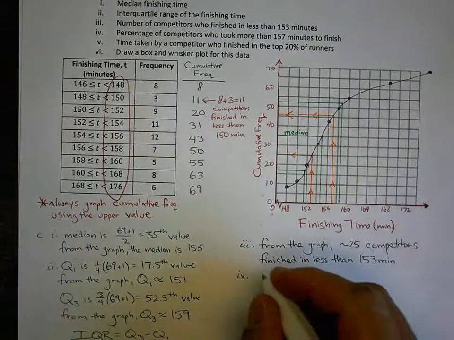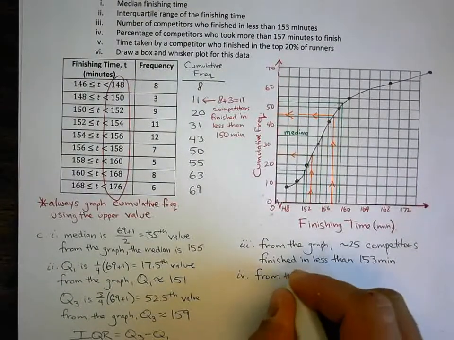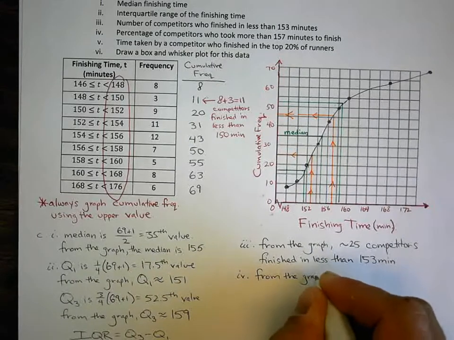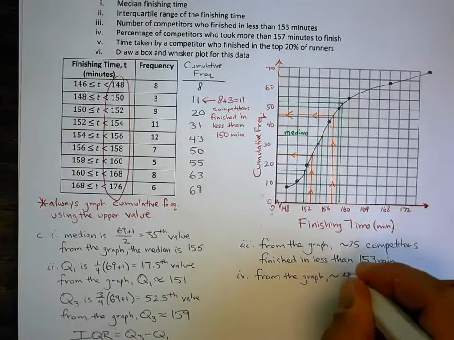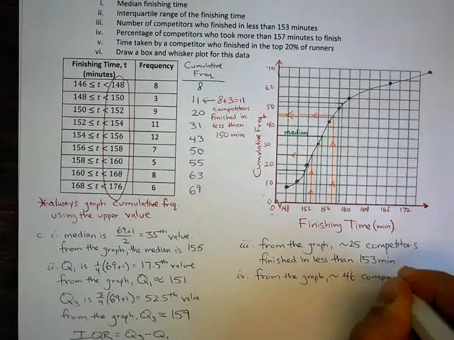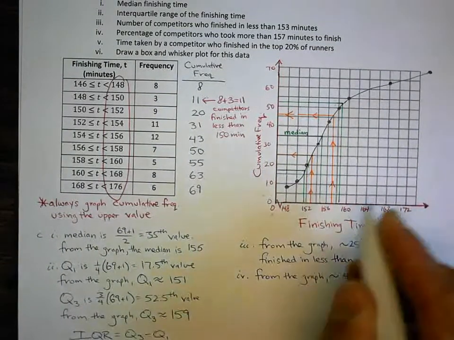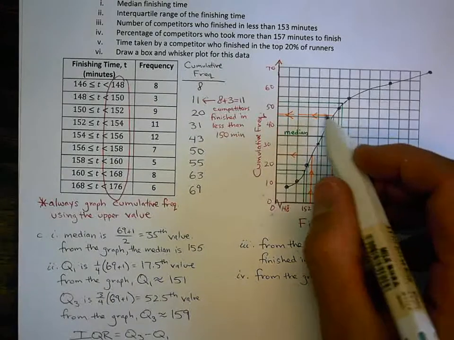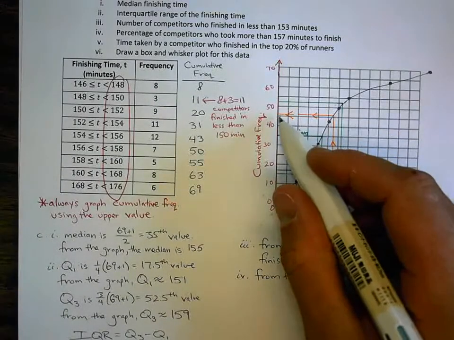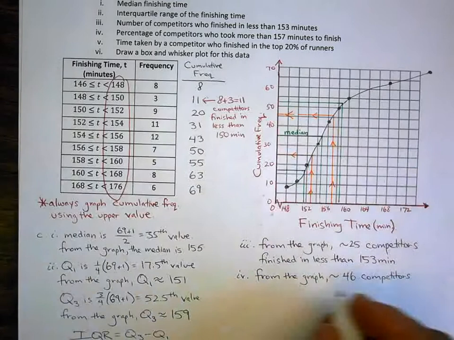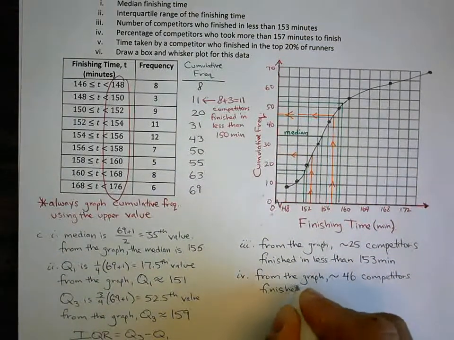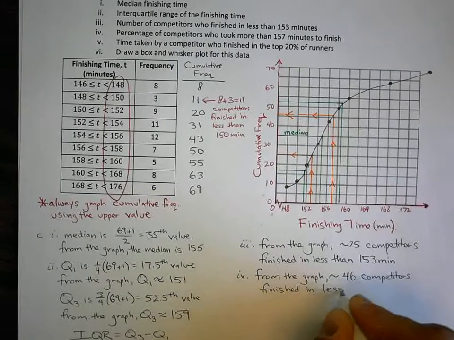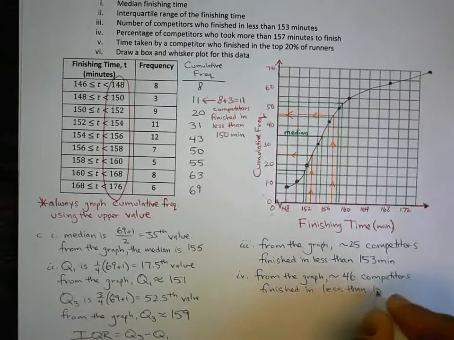So it looks like from the graph, around, what is that, 45, say 46 competitors. Now remember, 157 is pretty good, so only the first 46 people finished before that time. So 46 competitors finished in less than 157 minutes.